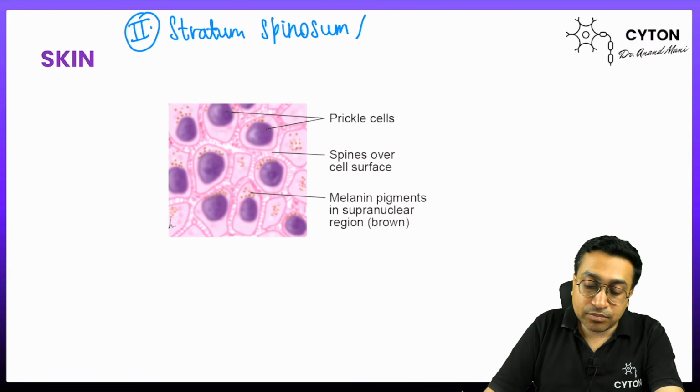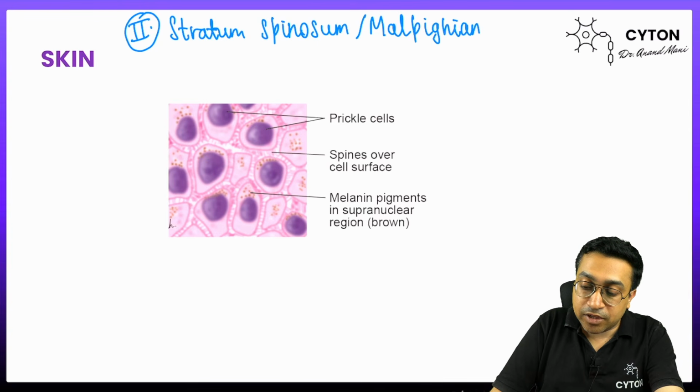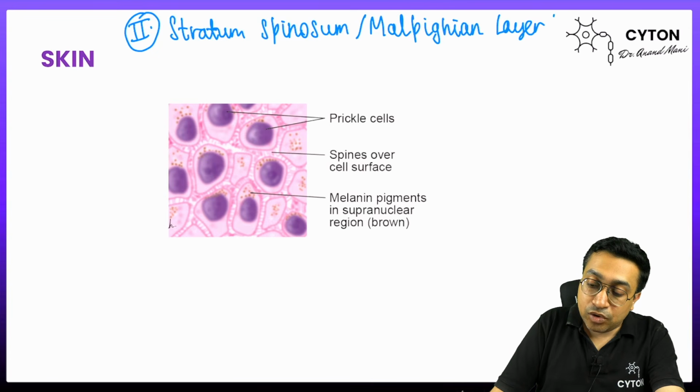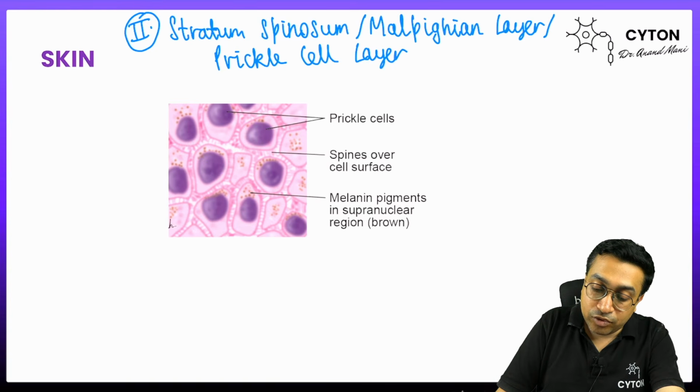So this stratum spinosum is also referred to as the Malpighian layer, also known as the prickle cell layer. These are all your MCQs actually, so the preparation for the next is also happening along with this. Even the professional university exams ask MCQs, if you are aware.